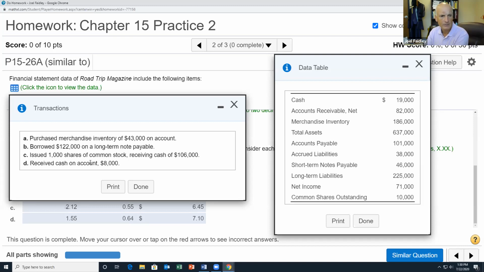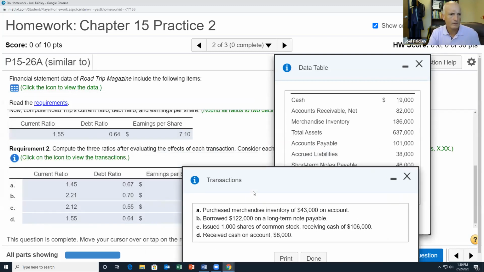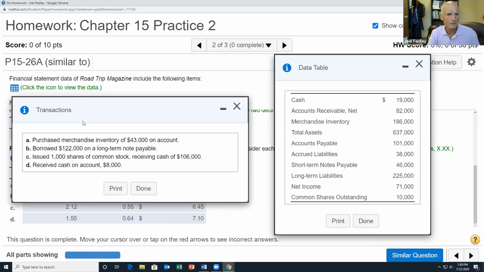Issued 1,000 shares of common stock, receiving 106,000 in cash. 410 plus 106 divided by 637 is 0.81. What am I doing wrong on that? Issued 1,000 shares of common stock, receiving cash.